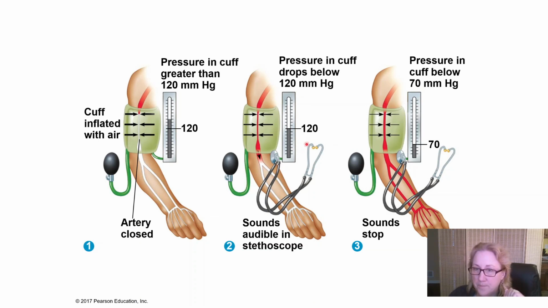That's your high number. Then they continue to let the pressure down and listen to your heart beating in your arteries. And then finally, when they can't hear it anymore, that means that it's completely loose. And they make a note of that pressure. What is the pressure at which I stopped hearing the heart beating? And that's your low number. So that's how you take blood pressure by hand.